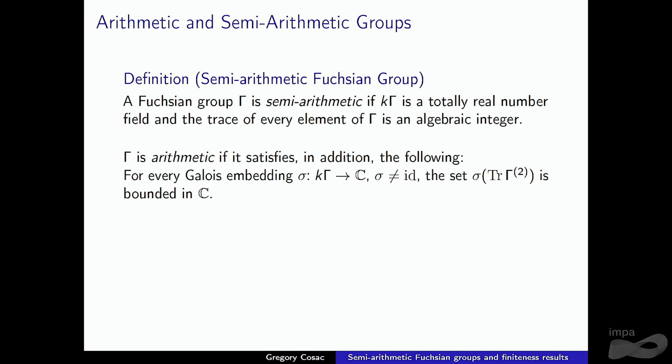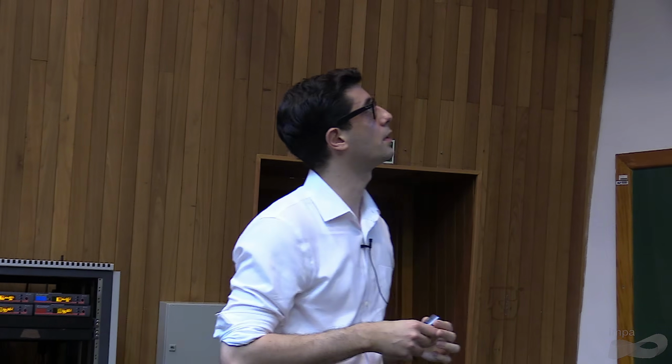So let me just say here that for these Galois embeddings, some of them map the trace set into a bounded subset of C. Some of them map into an unbounded subset of C, and the number of Galois embeddings that map the trace set into an unbounded subset of C, we call that number the arithmetic dimension of gamma. It's going to come up at some point.